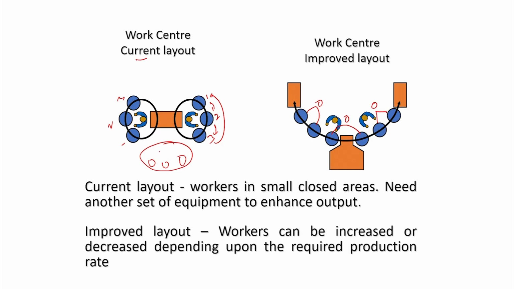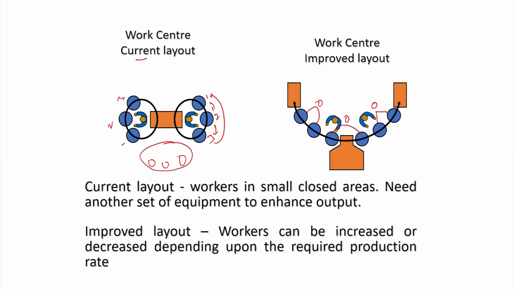And tomorrow if there is a reduction in the demand, in a GIT kind of environment, maybe one worker is doing all the 6 activities. This is a small example where we have taken only 2 workers, but such a workstation can have more workers depending upon the production rate. So, workers in a small closed area need another set of equipment to enhance the output.